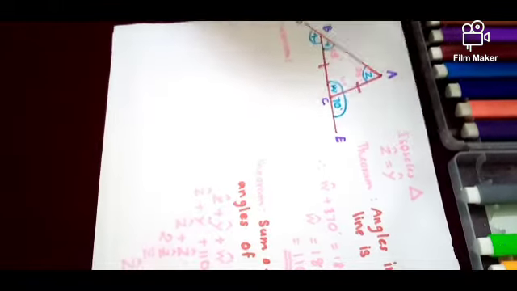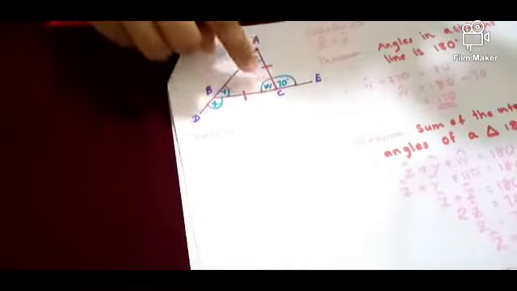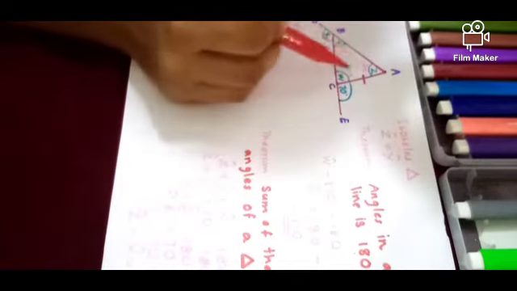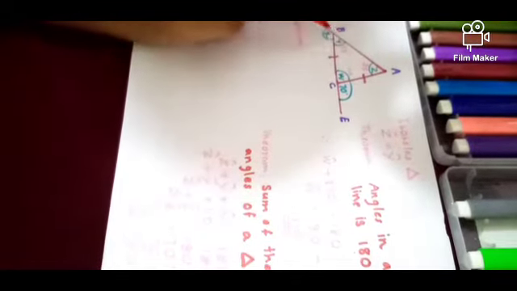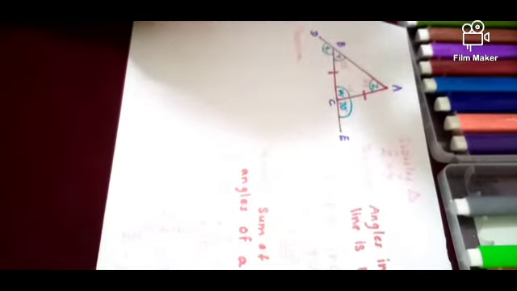Now when I turn this triangle to my side like this, I can see that W and Z are here and the opposite one is here. Only three angles are there in a triangle; except the angle that is closer to the exterior angle, the other two angles are considered the interior opposite angles.